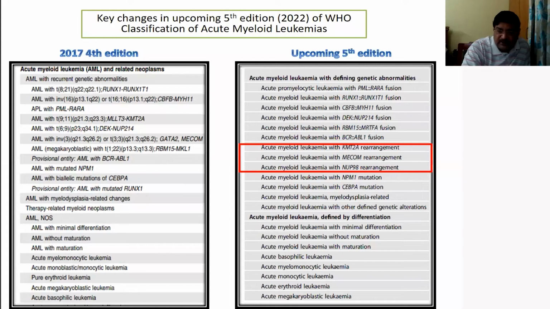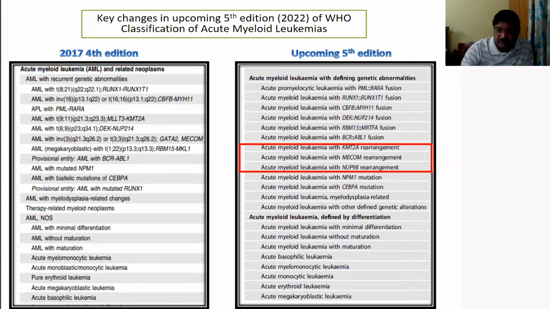So if you look at the fifth edition, you have AML defined by differentiation. The fifth edition has two broad categories. One is acute myeloid leukemia with defining genetic abnormalities, which are these, and the other is AML defined by differentiation, which are morphologic. So morphology has still been retained as it was defined in the fourth edition.